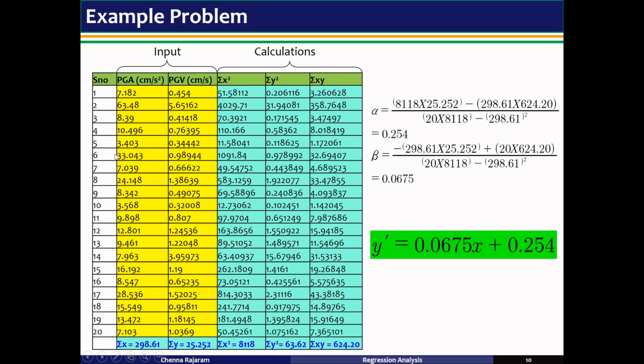These are the calculations, and after performing the calculations, we obtain alpha and beta values where alpha is equal to 0.254 and beta is equal to 0.0675. The final equation is y prime is equal to 0.0675x plus 0.254.